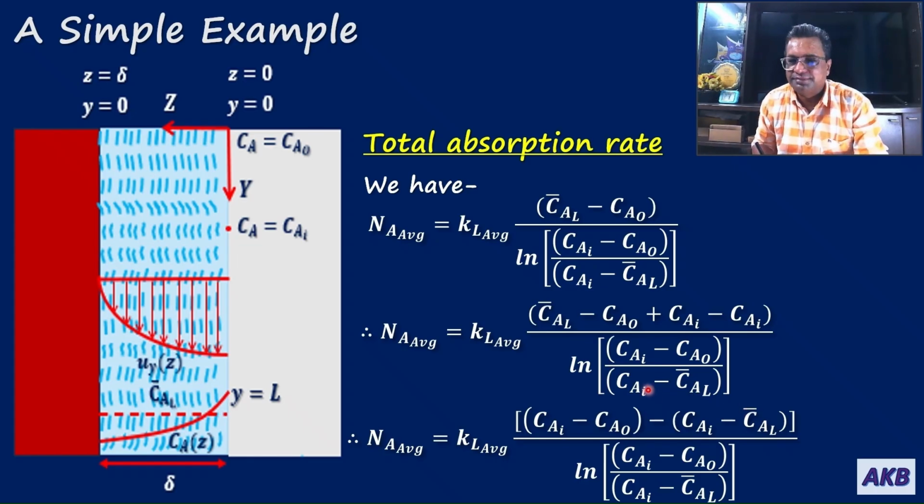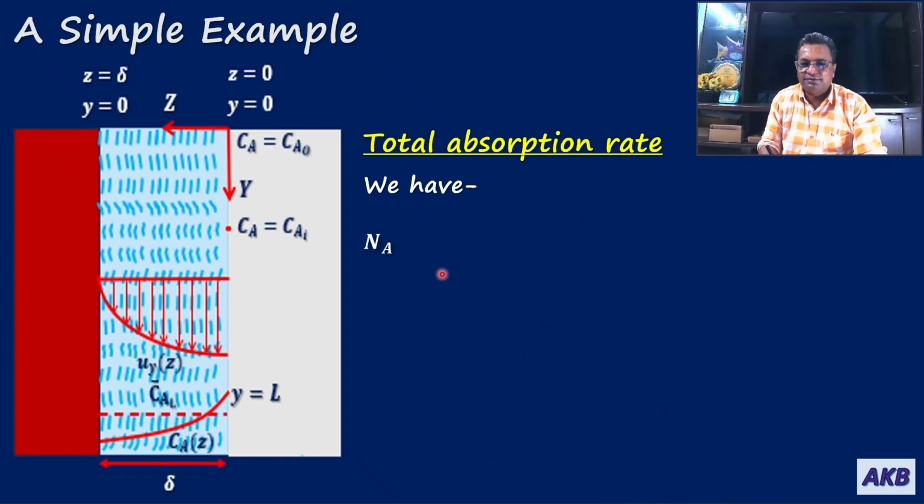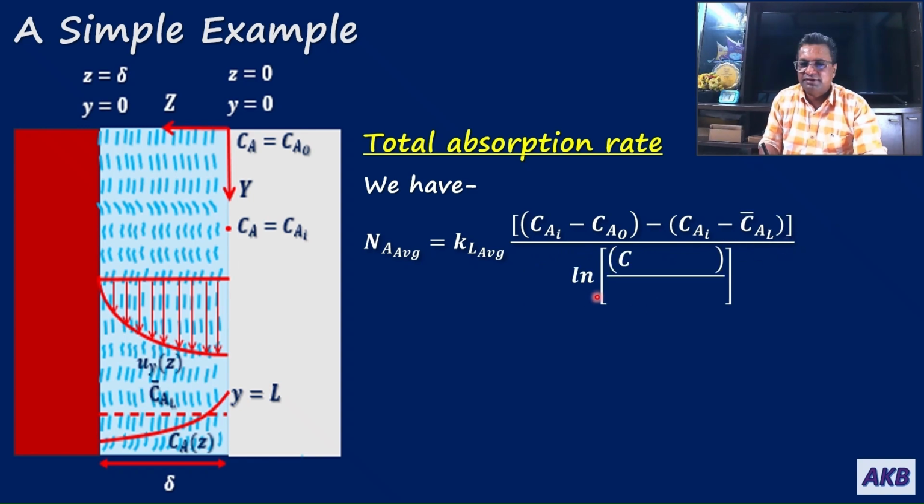Let us move ahead. We have NA average is equal to KL average into CAI minus CA naught minus CAI minus CAL bar, divided by ln of CAI minus CA naught divided by CAI minus CAL bar. Now I can write this equation in this form: NA average is equal to KL average into CAI minus CA bar m, where CAI minus CA bar m is this term, the logarithmic average.